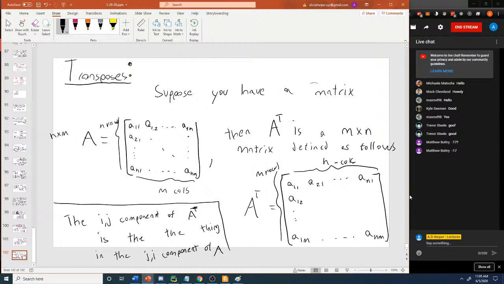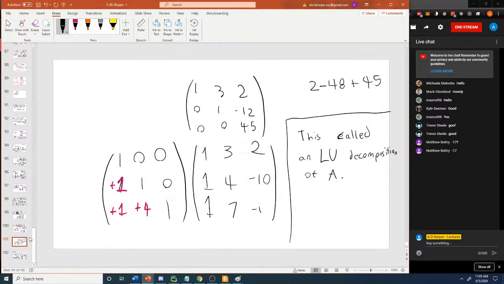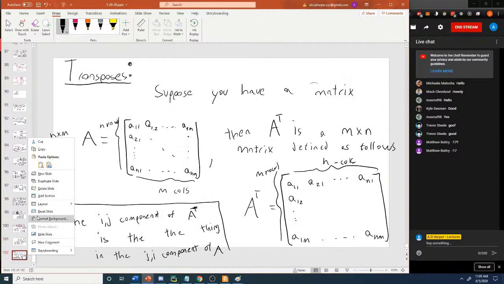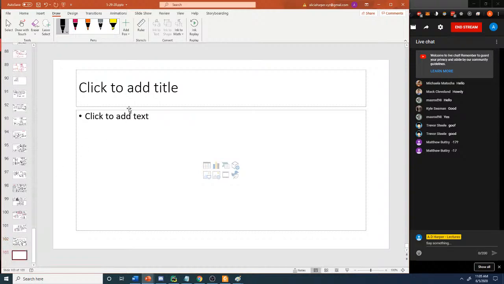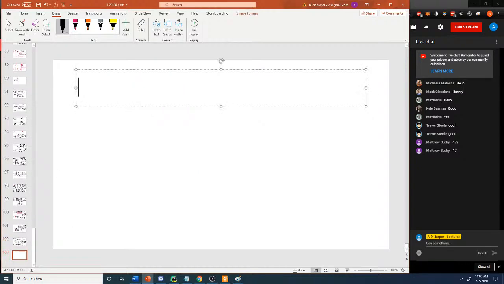I'm flipping it in some sense. This is kind of easy to illustrate if I had a book in my hand, but I don't. So I'm just going to give you some really simple examples.